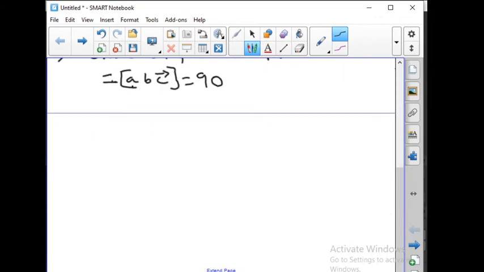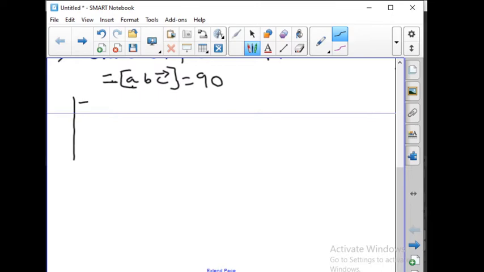So now again A vector, B vector and C vector are given. So we will write only the coefficients. So the coefficients of A vector, B vector and C vector.